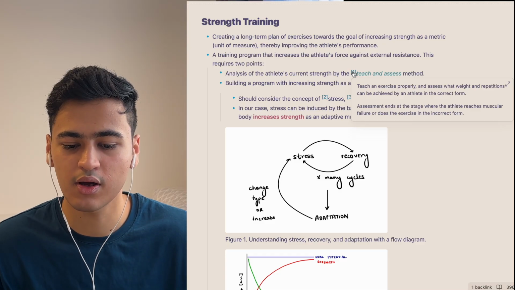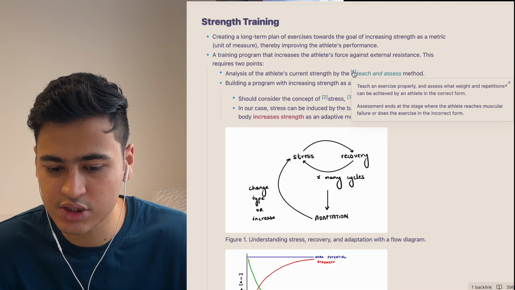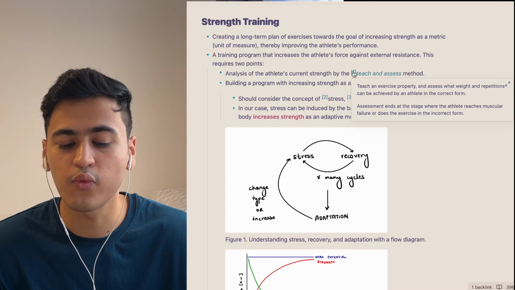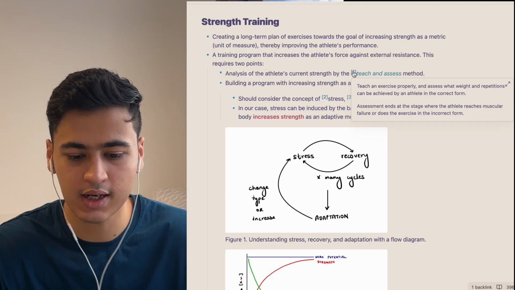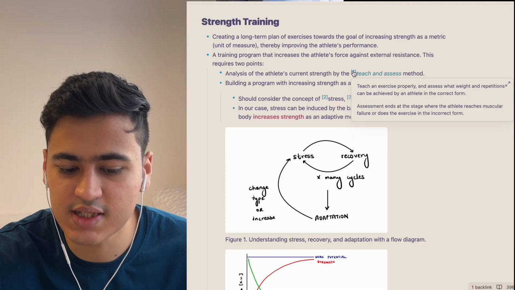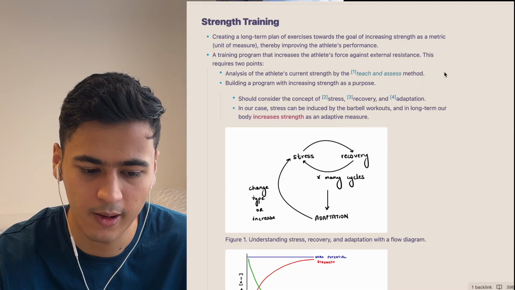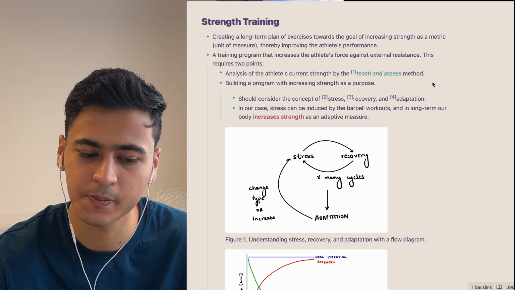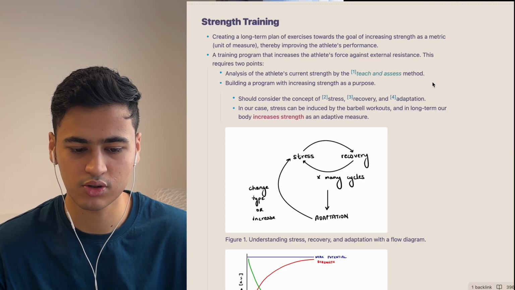Assessment ends either when the athlete reaches muscular failure or when the exercise is done in an incorrect manner. So this is the teach and assess method. Building a program with increasing strength as a purpose is the second point that we'll focus on.